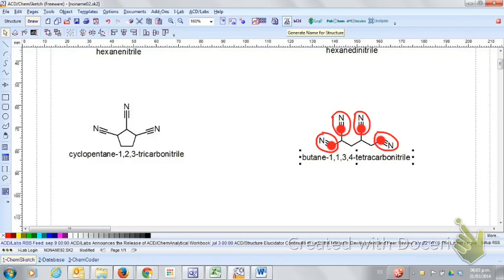And the rest of the chain will be the butane. Here we have 1, 2, 3, 4 remaining carbons that will make the butane. Okay? And you have 4 carbonitriles in carbons 1, 2, 3, and 4 of the butane molecule.